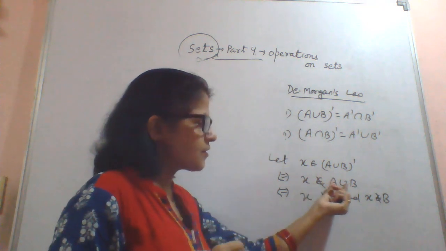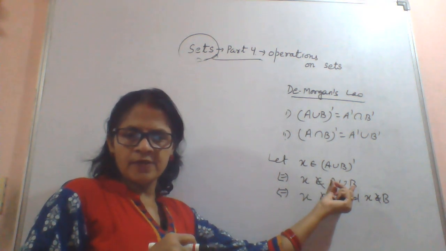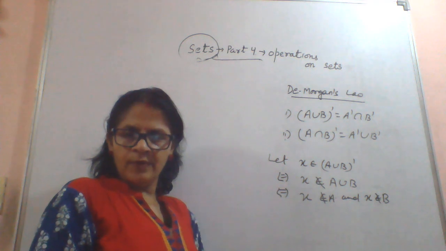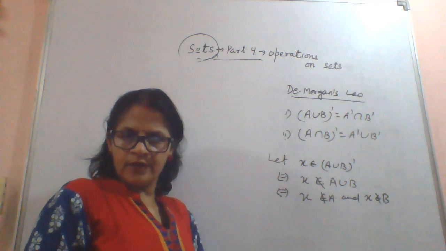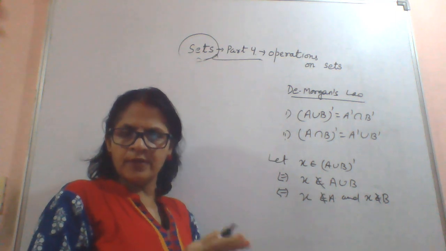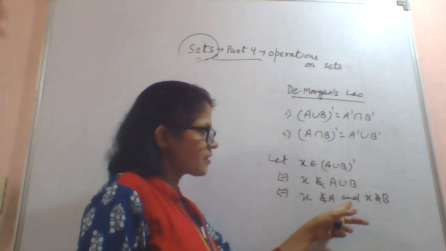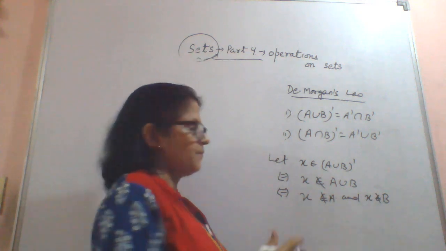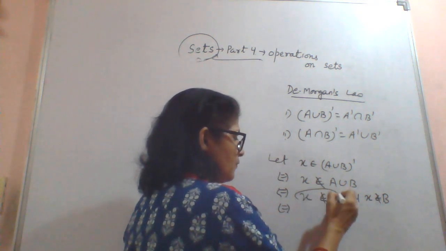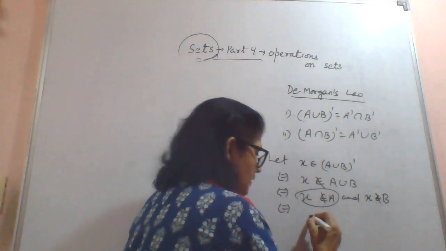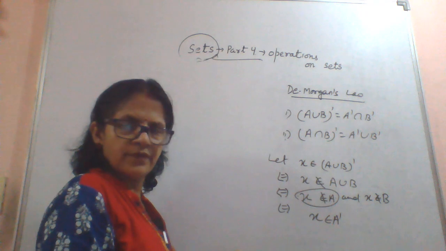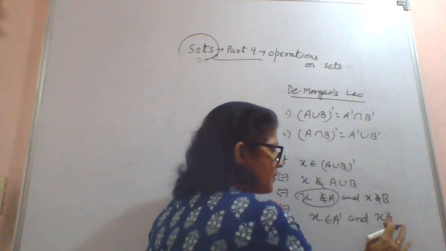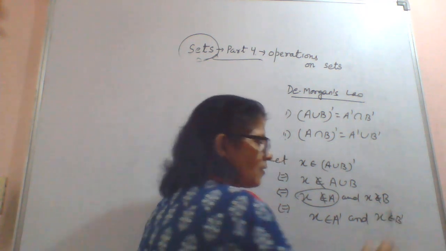Whenever we say X doesn't belong to A union B, it means X is neither in A nor in B. So in set language we can say X doesn't belong to A and X doesn't belong to B, if and only if... Now whenever we say X doesn't belong to A, it means X belongs to A complement, and whenever you say X doesn't belong to B, it means X belongs to B complement.